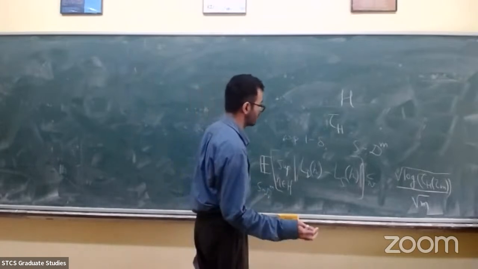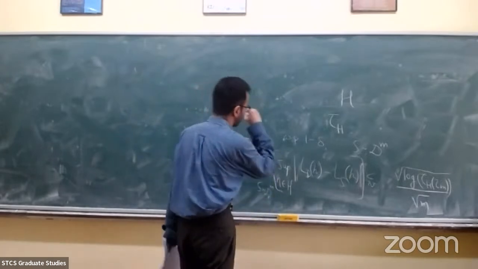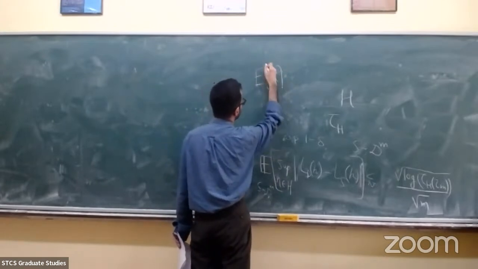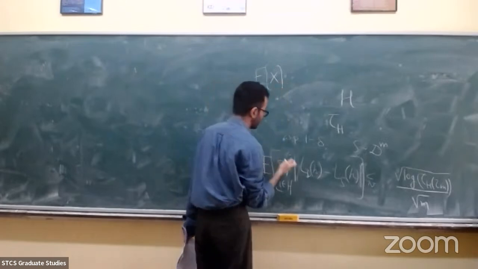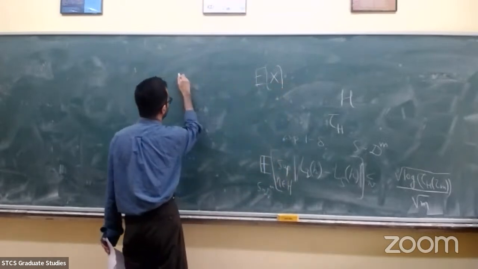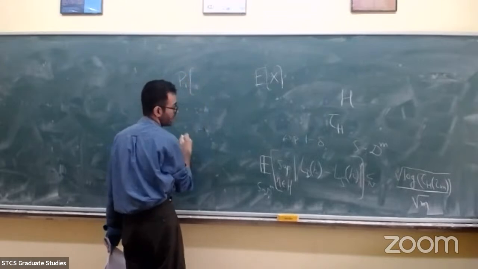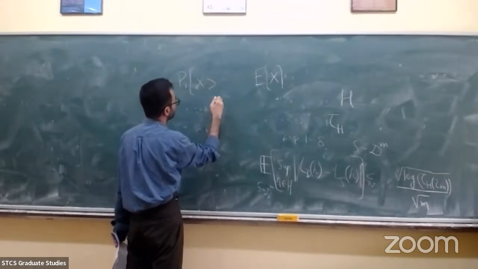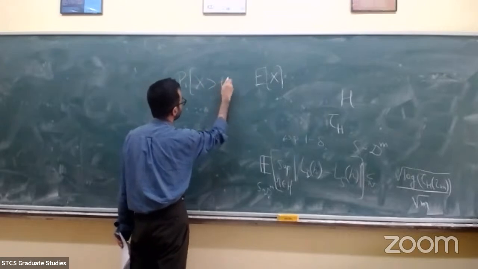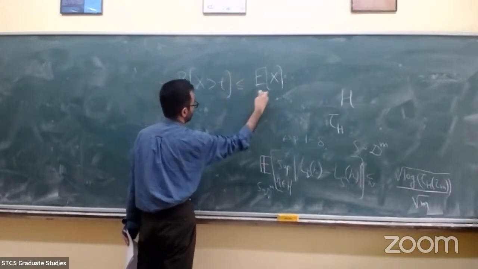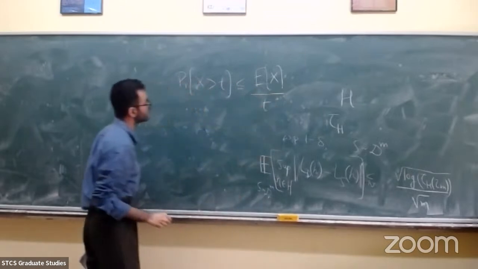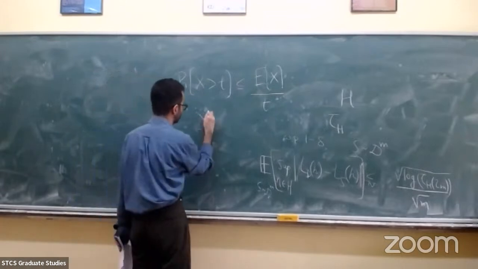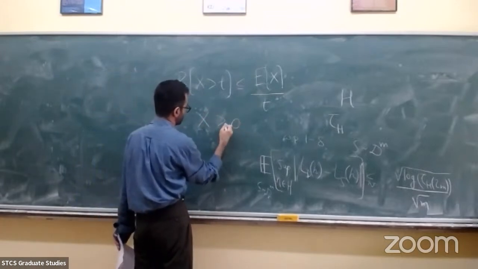In case someone doesn't know, in general, for a random variable X, this is a simple bound: the probability that X is more than some t is at most the expectation of X divided by t, assuming X is a non-negative variable.